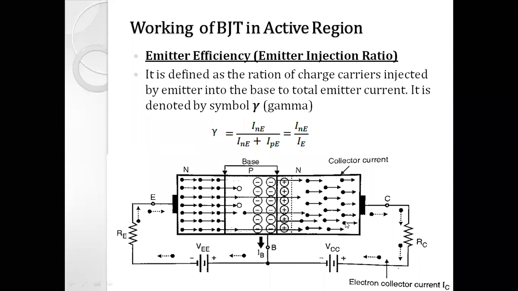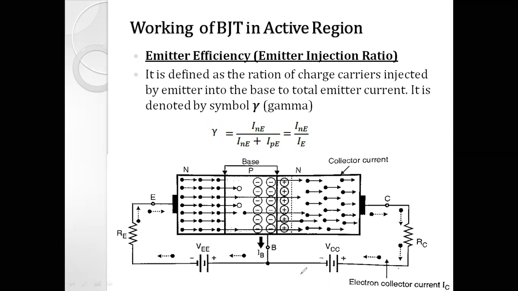Right? So this is how the movement of the majority carriers takes place inside the BJT when we provide supply VEE and VCC as shown in the figure.